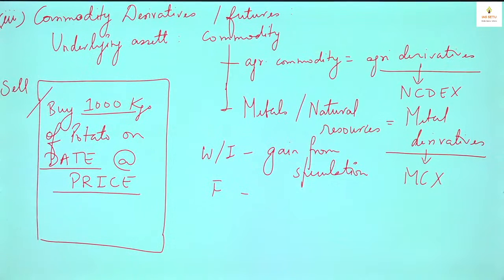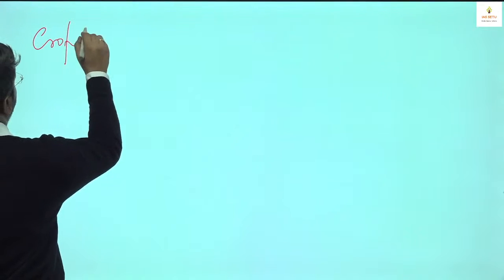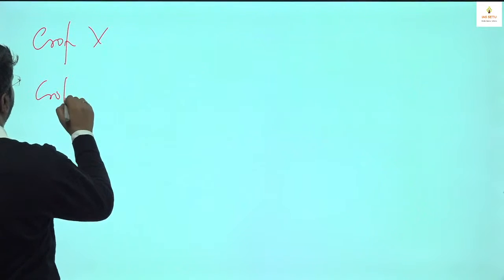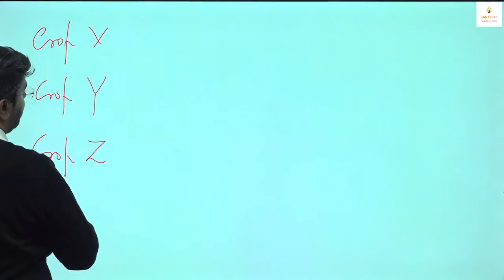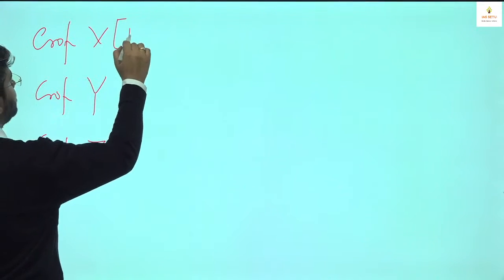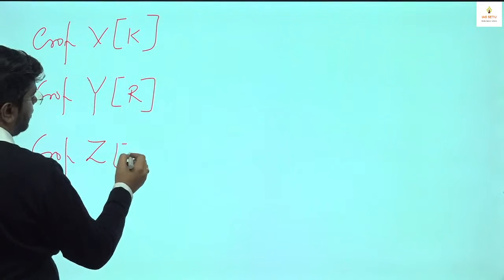How will the prices change? Imagine, right? Let's say I have 3 crops. Let's say I have crop X, I have crop Y and I have crop Z. Imagine this is my Kharif, this is my Rabi, this is my Zaid crop.